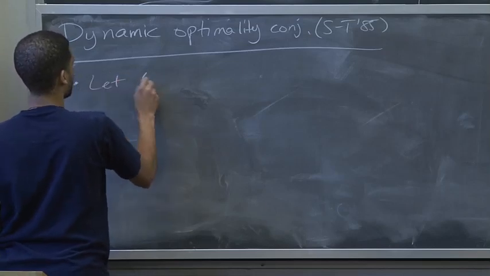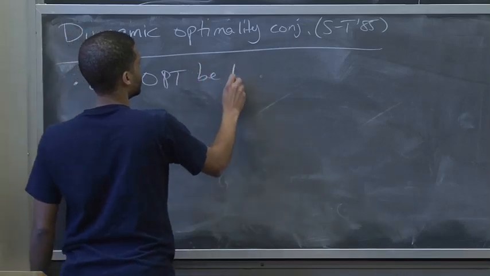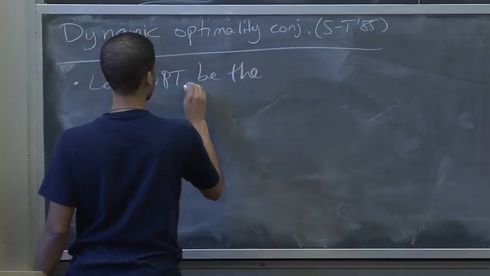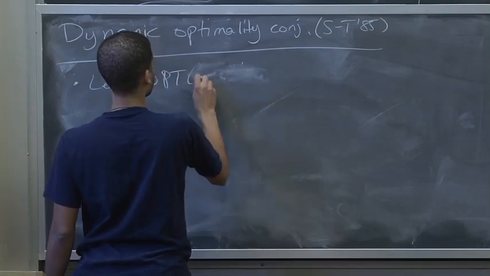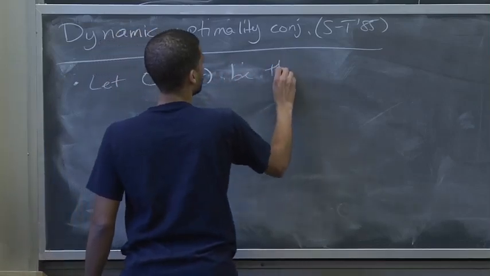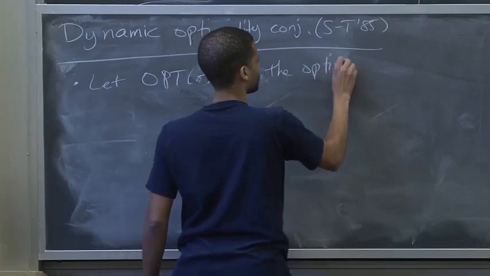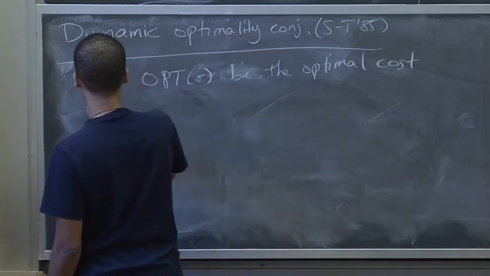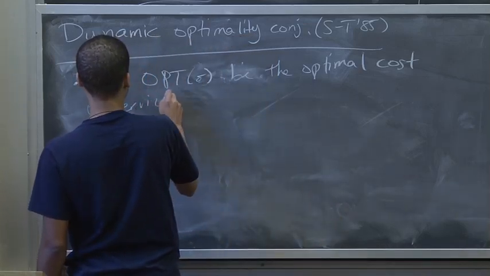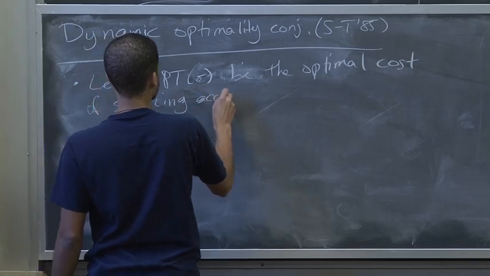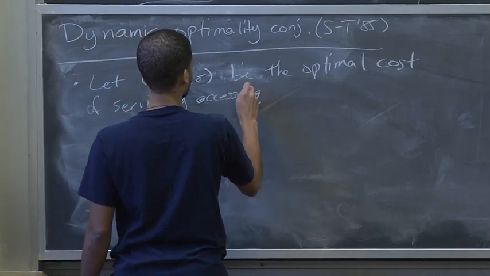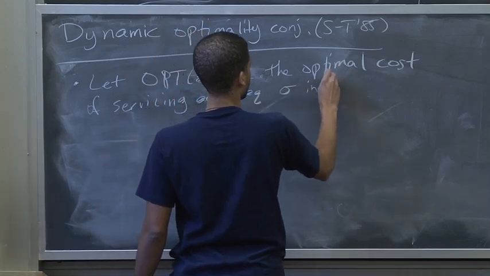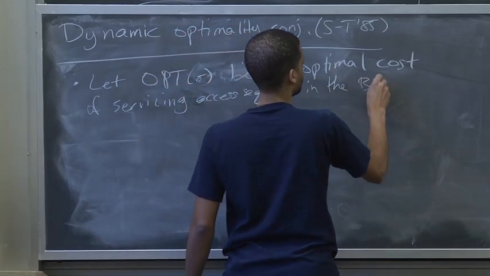Let opt of sigma be the optimal cost of servicing access sequence sigma in the BST model.